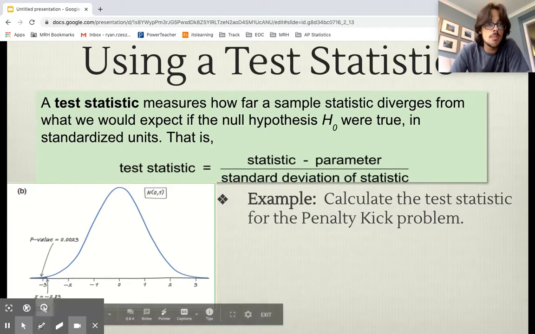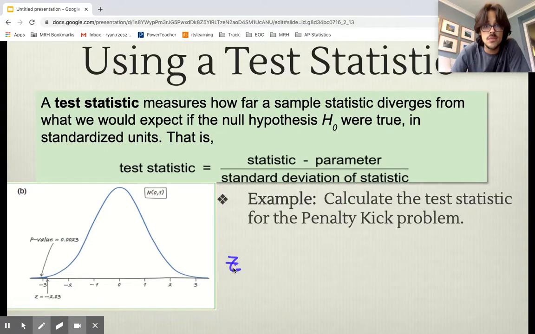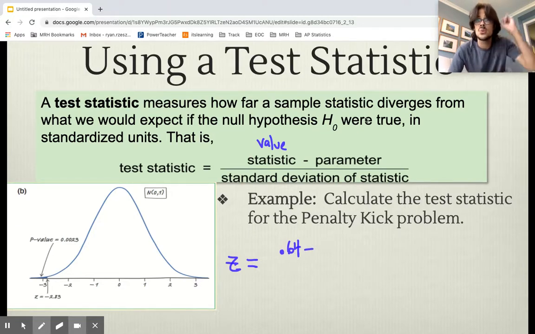So in our penalty kick problem, if we were going to find a test statistic, we'd be finding a standardized value for Larry's 0.64. How rare is 0.64? So what you do is you take your statistic, what you actually got. This is like the value when we do a z-score. Well, we got a 0.64. Minus, here we would put the mean or the true value.